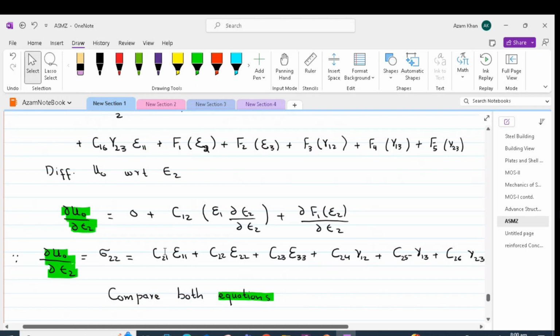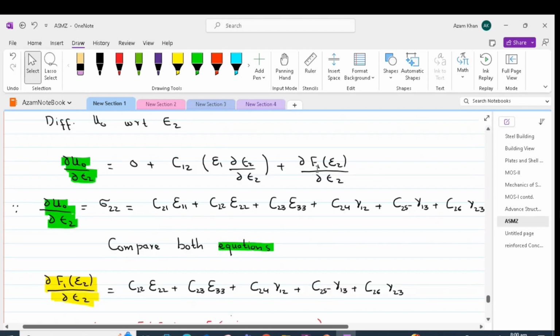Now these two expressions which are highlighted in green, their coefficients can be compared, which will give us the value of the function, partial f1 by partial epsilon 22 equal to C22 epsilon 22 plus C23 epsilon 33 plus C24 gamma 12 plus C25 gamma 13 plus C26 gamma 23.